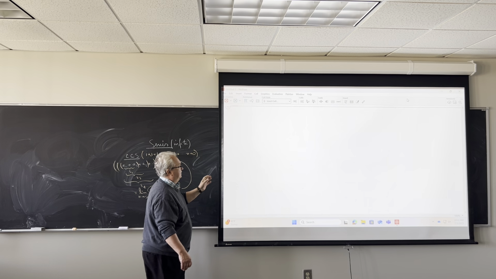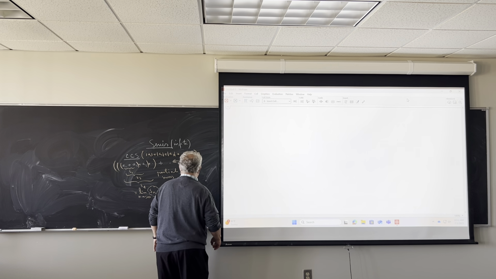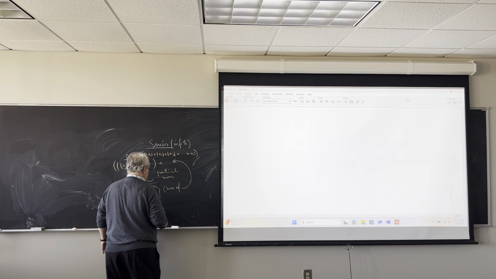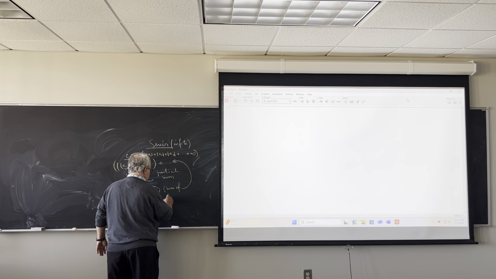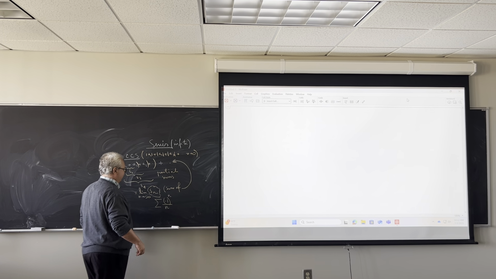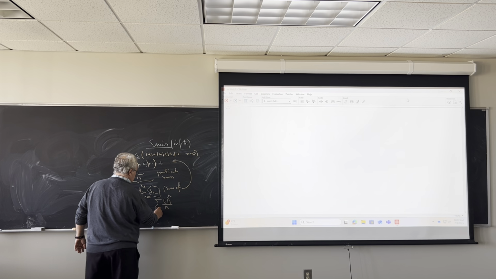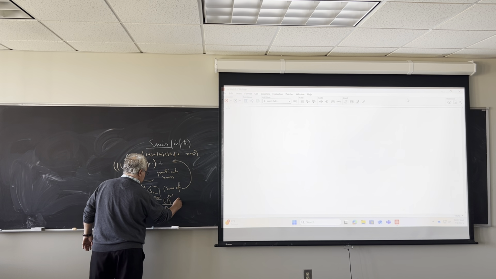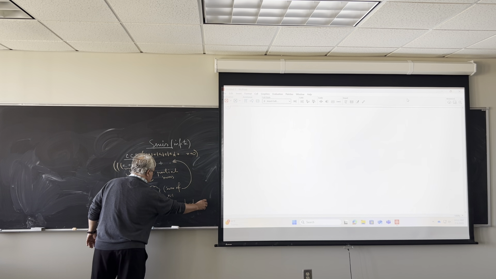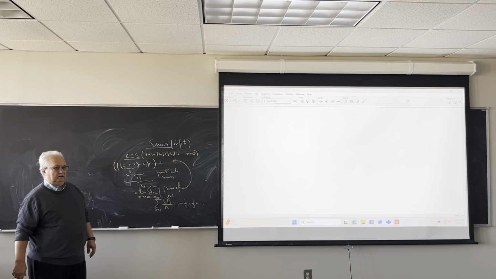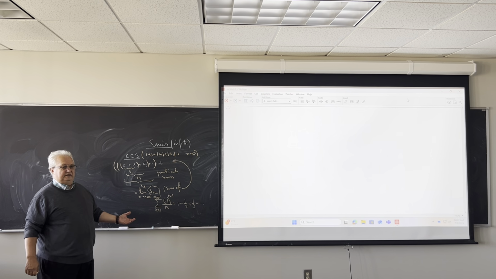The most basic example of something like this is the alternating harmonic series. If we go from n equals 1 to infinity, and put here (-1)^(n-1), we start with plus, so it's 1 minus a half plus a third, and so on. This is an example of a conditionally convergent series.